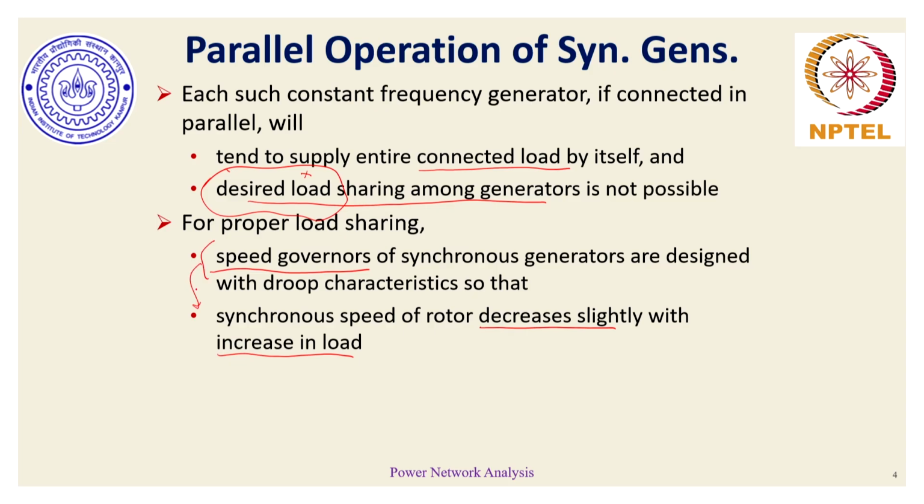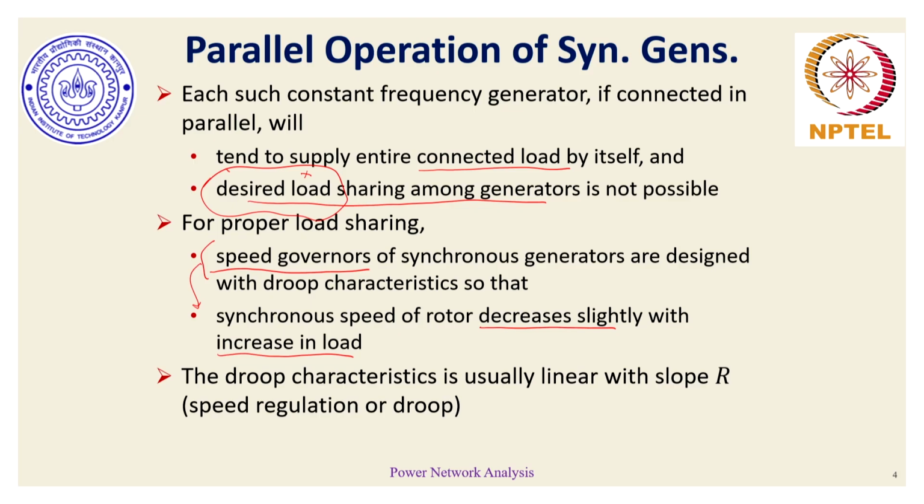And the speed governor usually has a linear characteristic. We call that characteristic to be droop characteristic, whose slope is usually defined by the symbol R. R stands for the term regulation. So in a way, the characteristic slope is called the speed regulation or the droop characteristic.